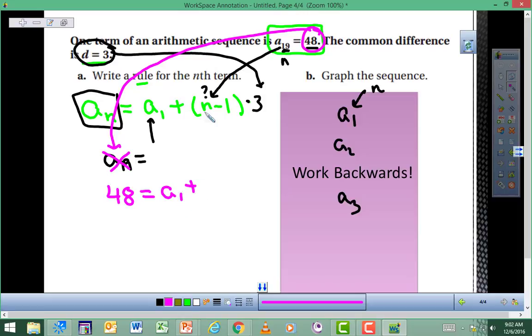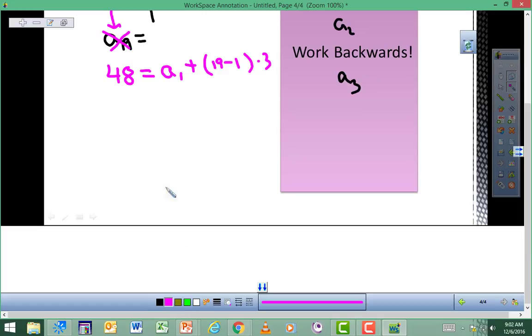Because we know n is equal to 19, and then we subtract 1 and multiply that by the common difference, which is 3. Okay, well, with some basic algebra skills, you can solve this equation, I hope, for a sub 1. So if I do this, I get 18 times 3, right? And 18 times 3.